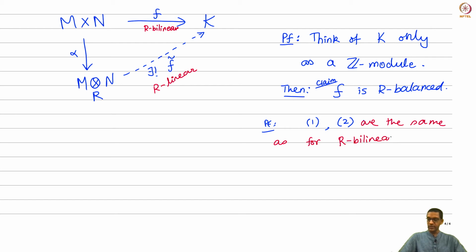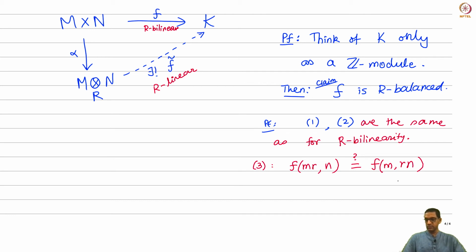Okay, it's only condition 3 that's different for R balanced maps. So what is condition 3? We need that f of (mr, n) has to be the same as, so the question, is this the same as f of (m, rn)? Where r is in R and m and n are from M and N.